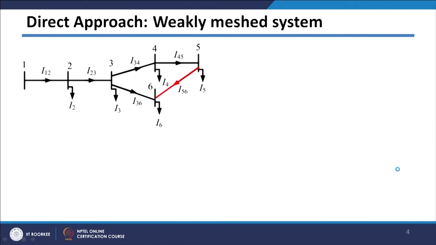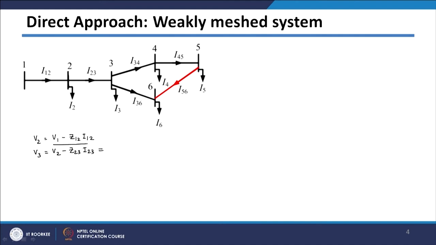Let us see how we can get the BCBV matrix for the weakly meshed system. To get it, we need to write the KVL equations of the voltage nodes. We know that V2 will be equal to V1 minus Z12 into I12. V3 will be equal to V2 minus Z23 into I23.